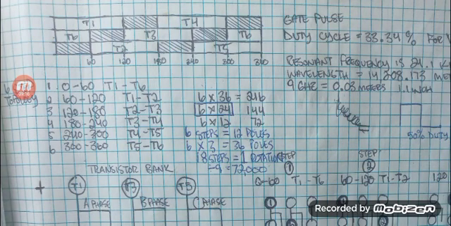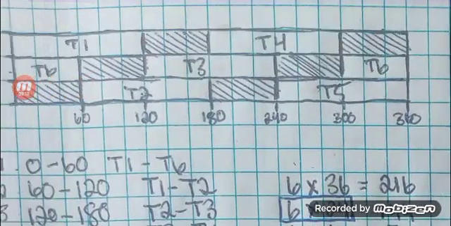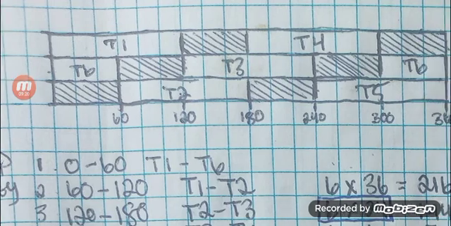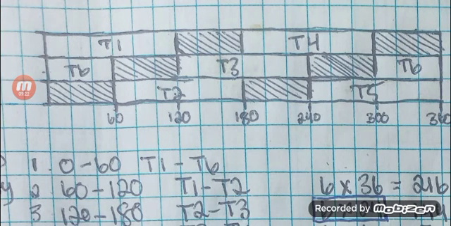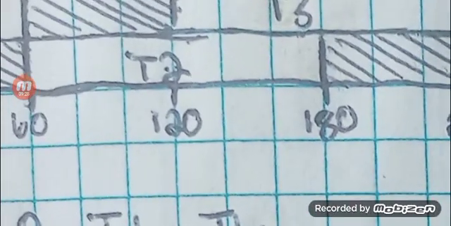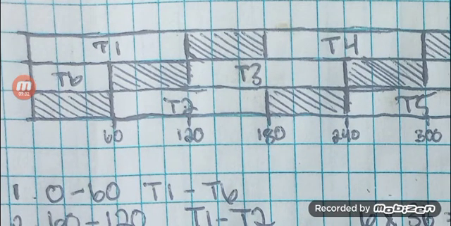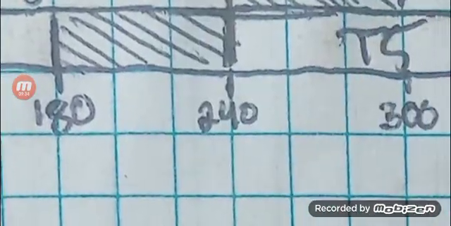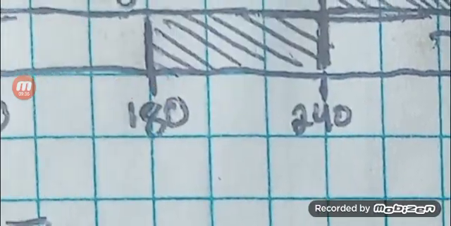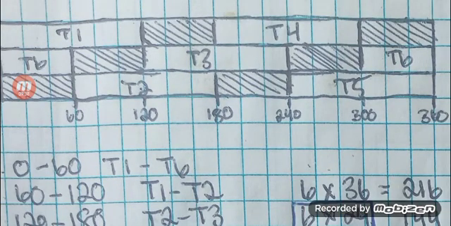So here's your 6-step sequence. T1 is transistor 1, and you can see that it is on for a period of 120 degrees. That's what that chart means. All these numbers at the bottom, 60, 120, 180, 240, 360, those are all your phase angles.